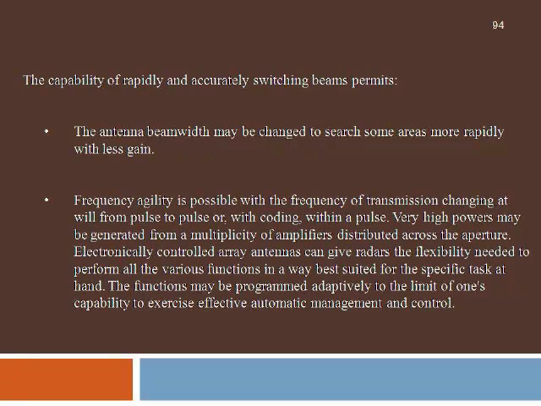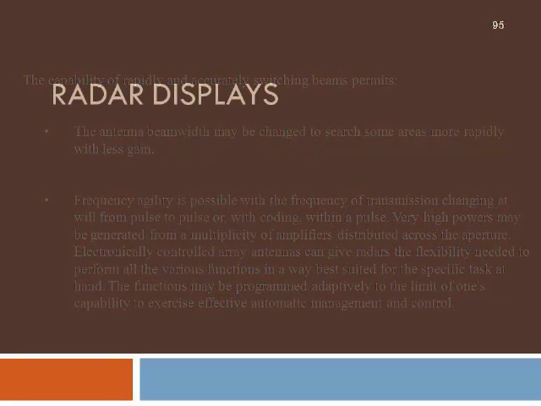The functions may be programmed adaptively to the limit of one's capability to exercise effective automatic management and control.